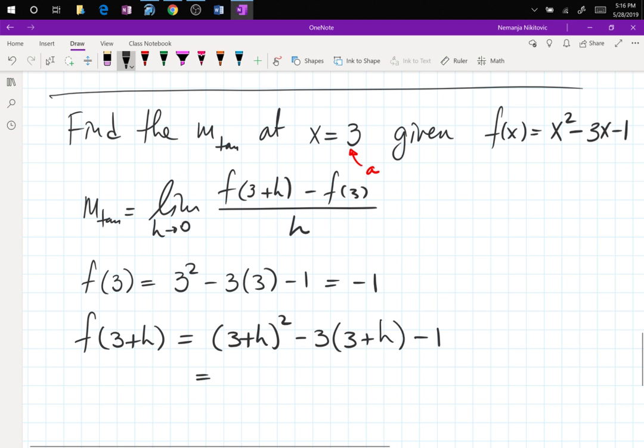And we have to expand this, so that's going to be 9 plus 6h plus h squared minus 9 minus 3h minus 1.